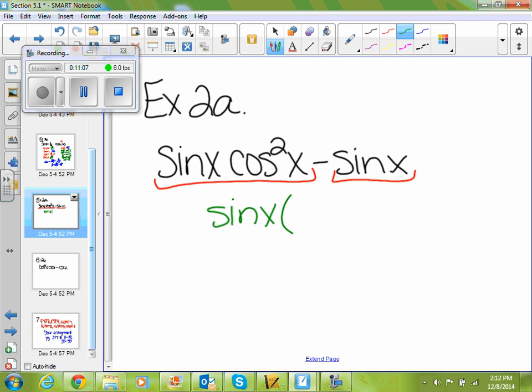If I take a sine of x away from my first term, then I'm left with just cosine squared of x. If I take a sine of x from my second term, I'm left with 1. So I end up with sine of x times cosine squared of x minus 1.